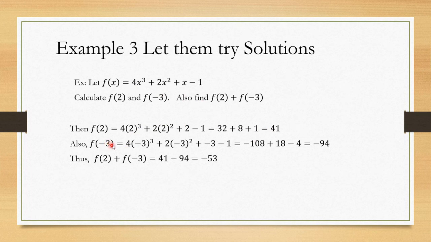F of minus 3: 4 times minus 3 cubed, replacing x by negative 3, plus 2 times minus 3 squared plus minus 3 minus 1. And you can see that becomes, by direct calculation, minus 94. So the sum is 41 plus negative 94, which is 41 minus 94, which is minus 53.